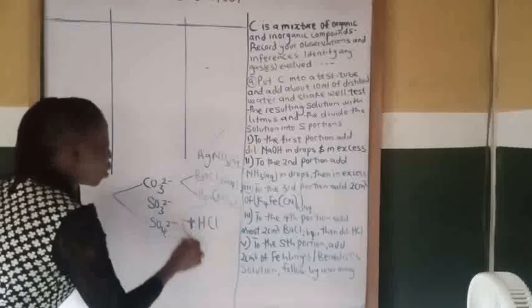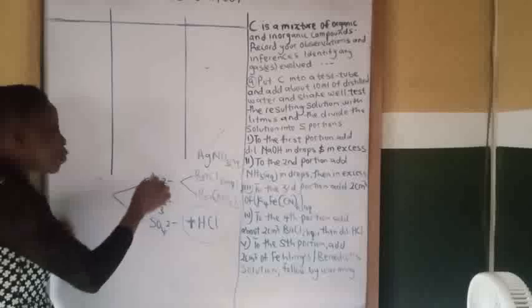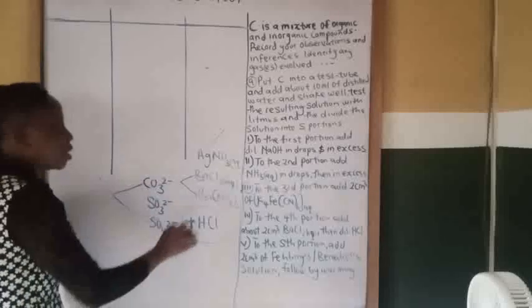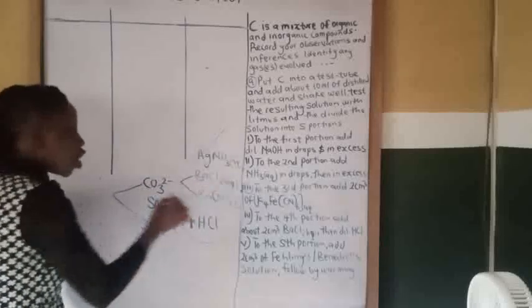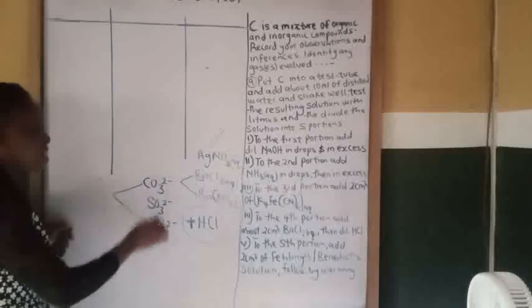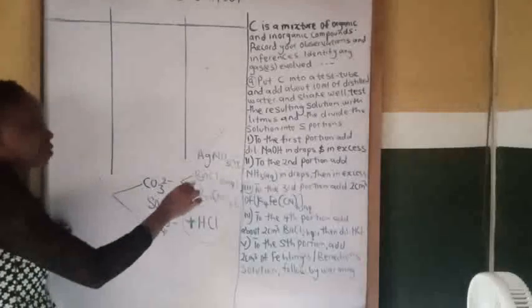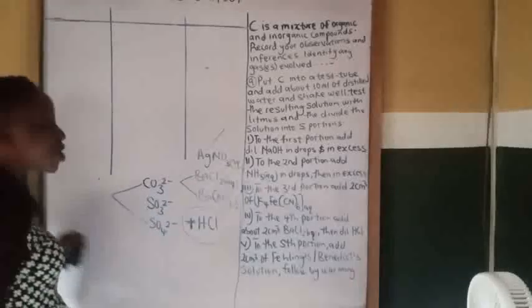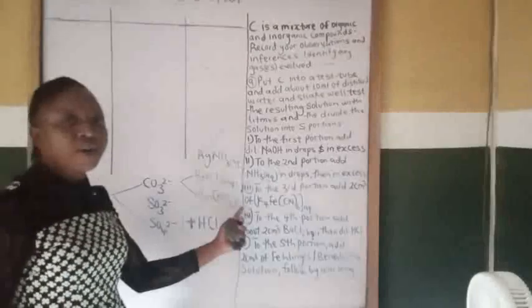After addition of barium chloride, the three of them will give you a white precipitate. Any compound containing these ions will give you a white precipitate on addition of barium chloride or barium nitrate.